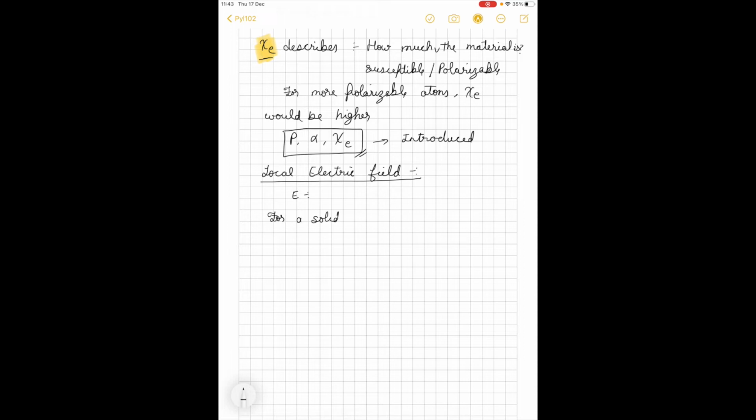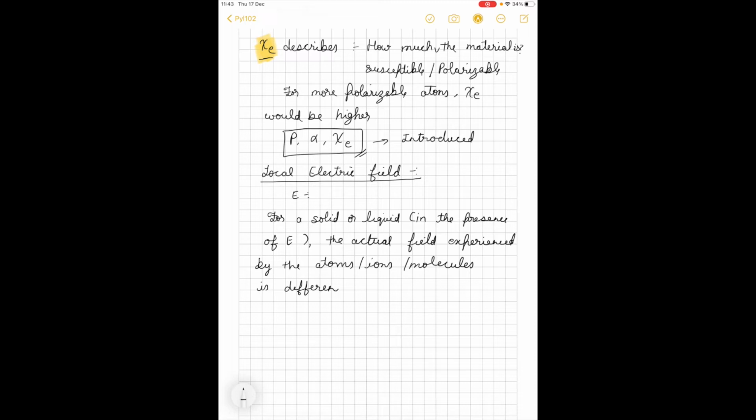For a solid or a liquid, in the presence of electric field E, the actual field experienced by the atoms, ions or molecules, whatever you are considering in the dielectric material, is different from E, where E means the external applied field.